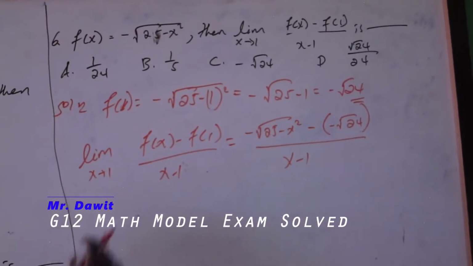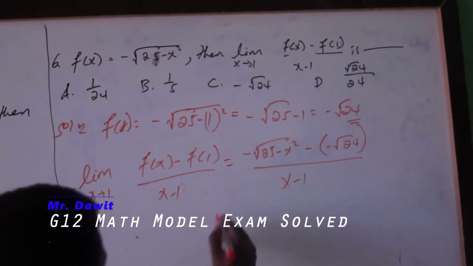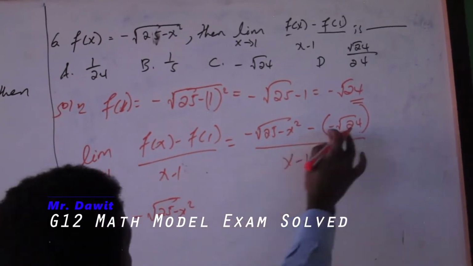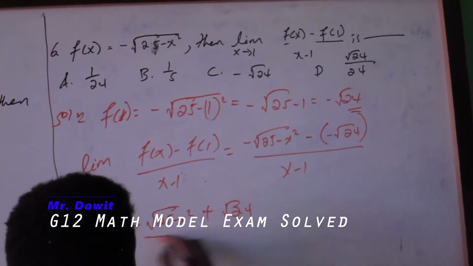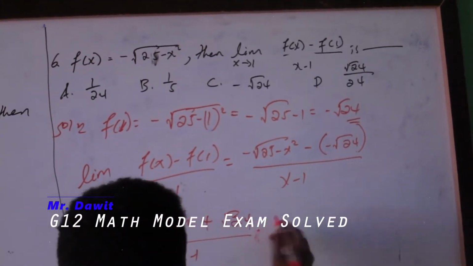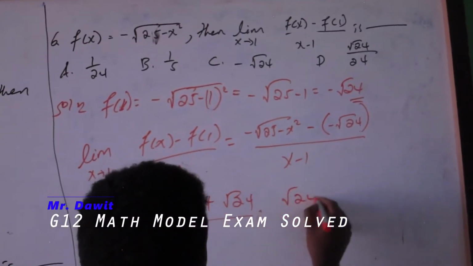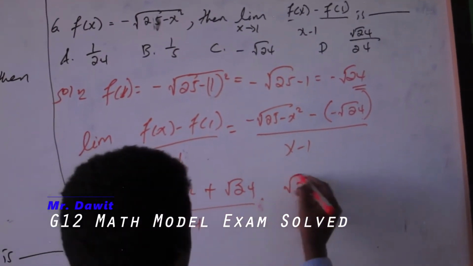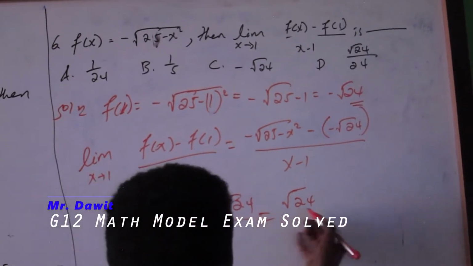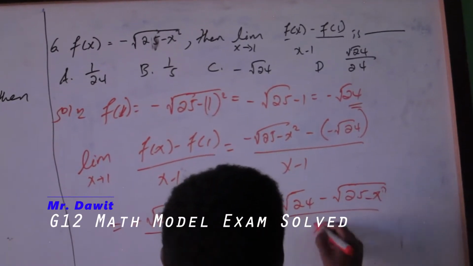In this case, when you substitute the value of x by 1, it becomes 0, so we have to rationalize this. This becomes the negative of the square root of 25 minus x squared, the minus becomes plus, the square root of 24, over x minus 1. Rearranging like terms, the positive one goes to the left side, which is equivalent to the square root of 24 minus the square root of 25 minus x squared over x minus 1.